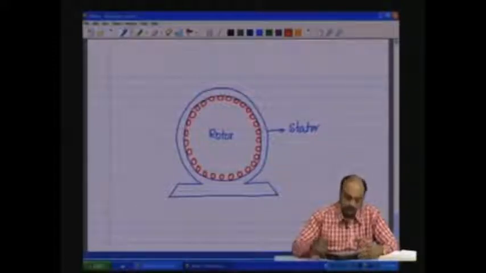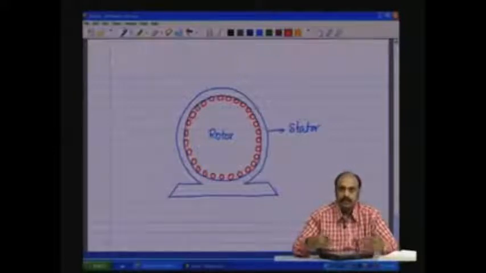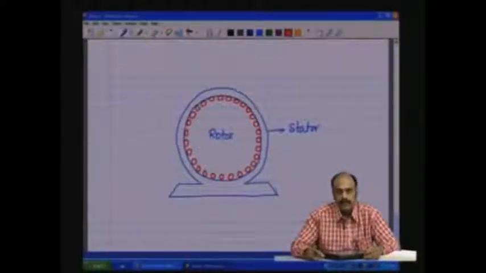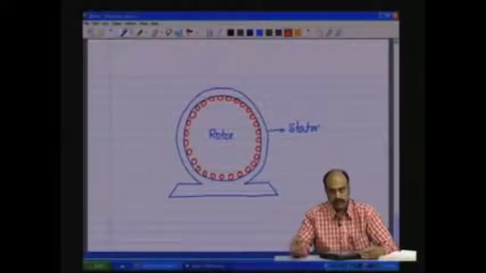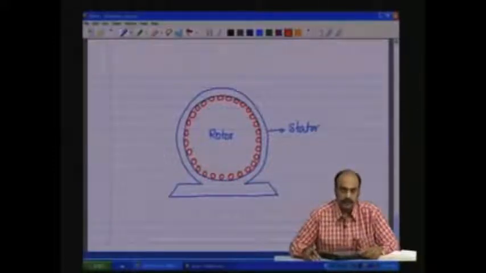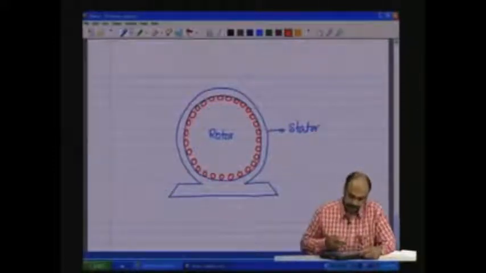And in the case of the wound rotor, these rotor coils are brought out through slip rings and brushes, like in the case of the DC machine, but through slip rings, not commutator, mind you. Which means the current in the external electric circuit is also AC.